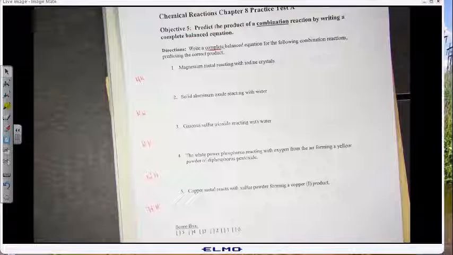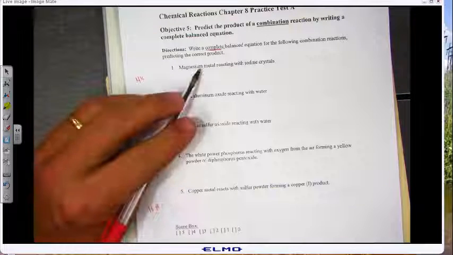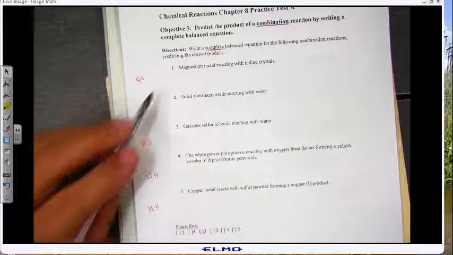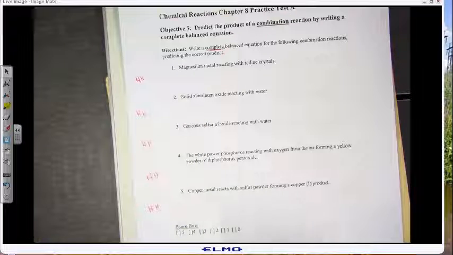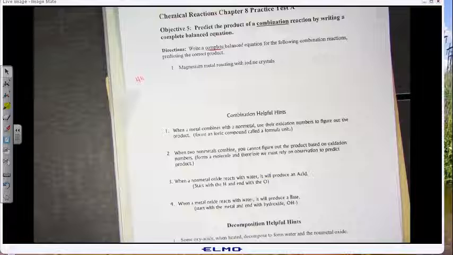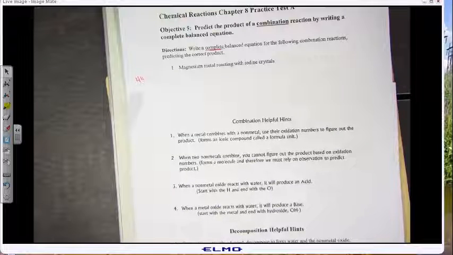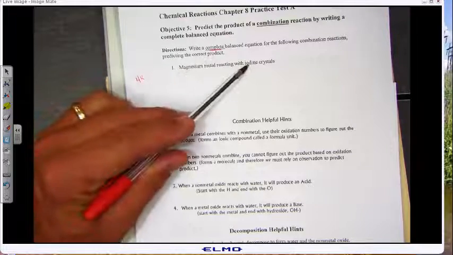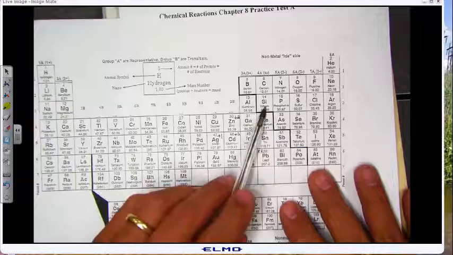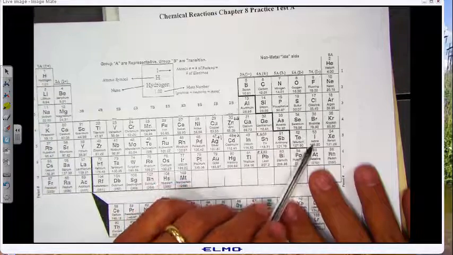First one, number 1, says magnesium metal reacting with iodine crystals. So I'm going to go to my helpful hints and start looking to see which one might be helpful on my combination. And the first one right away, when a metal combines with a nonmetal. This is obviously a metal. Iodine is over here, it's a nonmetal.